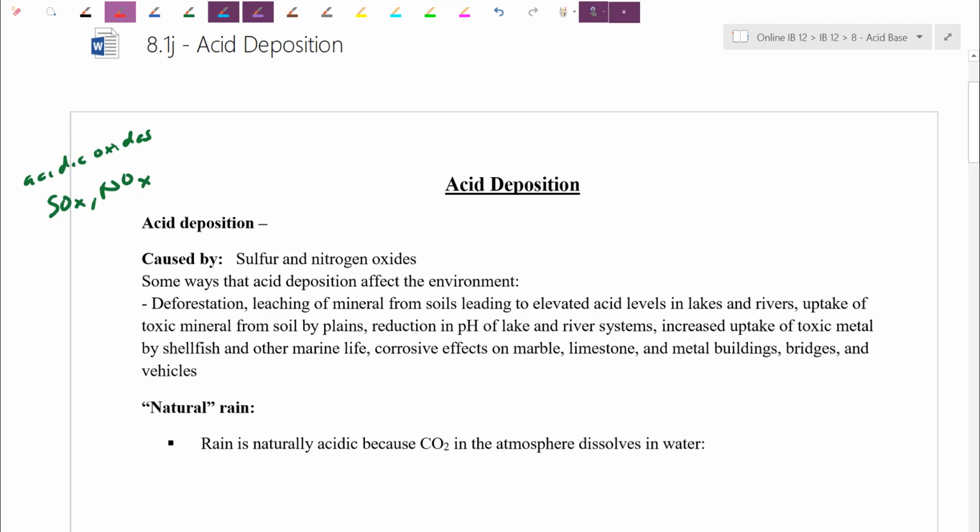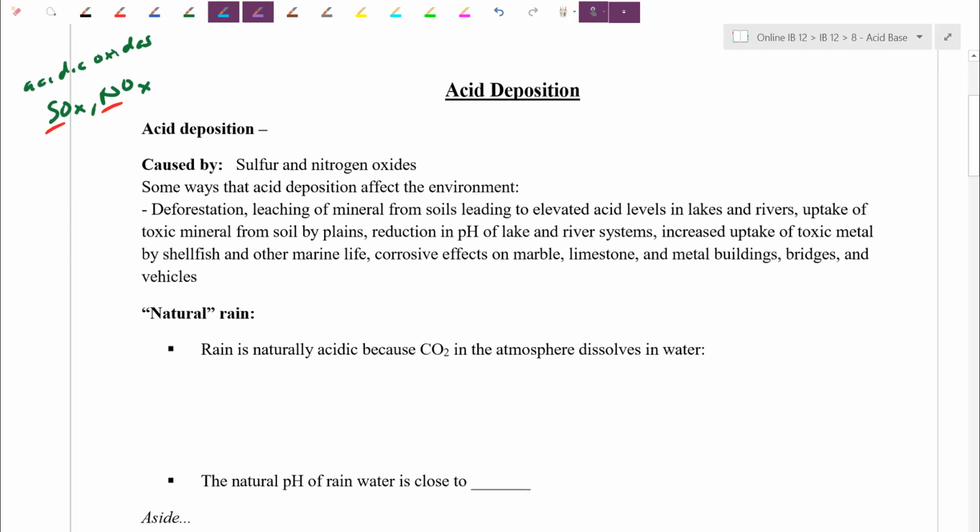So in the atmosphere, they interact with the water as rainwater forms in the clouds. Our rain, as we're going to see, is already naturally acidic because of carbon dioxide. But some of these other gases are byproducts of industrial processes. This is causing our rain to come down more acidic than normal. And that's what we refer to as acid rain.